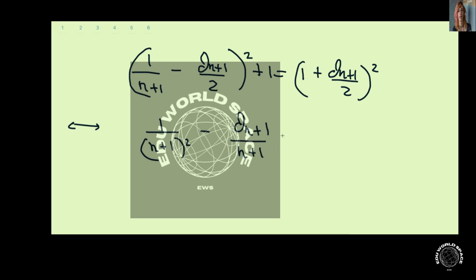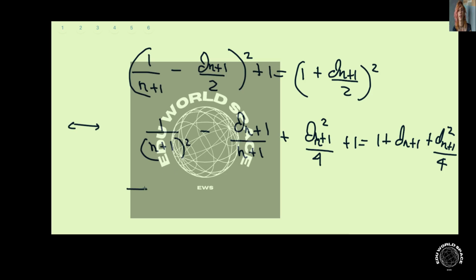And then FOIL this thing out. dn plus 1 quantity squared all over 4, plus 1, equals 1 plus dn plus 1 plus dn plus 1 squared over 4. And then solve this for dn plus 1. And we have dn plus 1 equals 1 over n plus 1 times n plus 2.